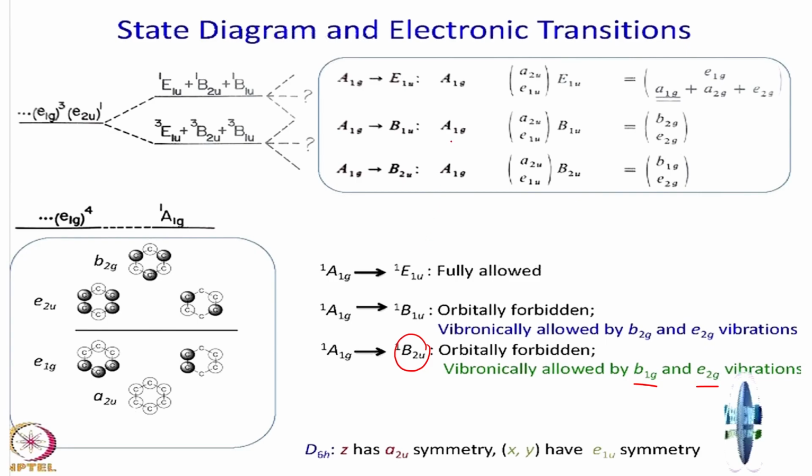Why? Because when you only deal with the electronic part, not the vibronic part, you will get to know the symmetry of the product of the dipole moment operator and your electronic excited state, which generates B1G and E2G.